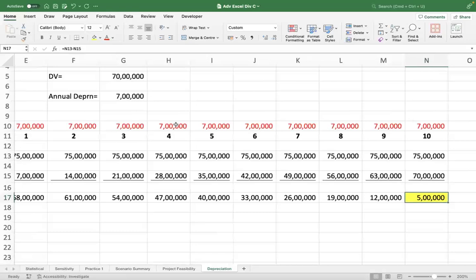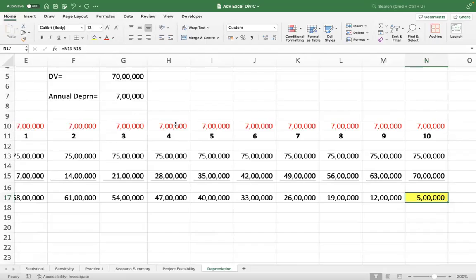So what you see in this problem now, highlighted in red, is the P&L impact. That is how much depreciation we are charging to the P&L account every year. And below that, the 3 rows, gross block, accumulated depreciation and net block, this is your balance sheet extract for every year, year 1 to year 10.